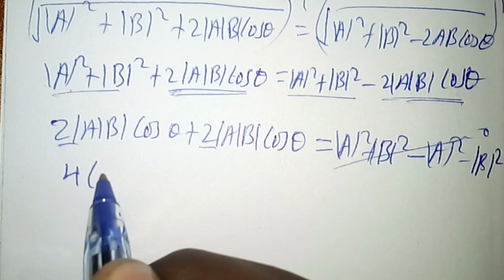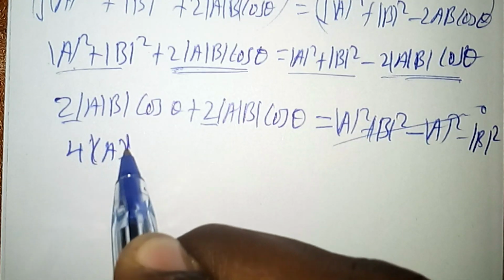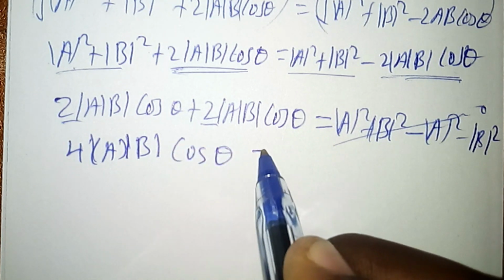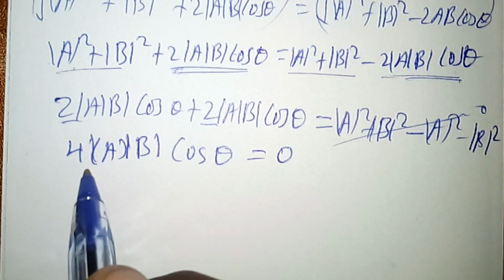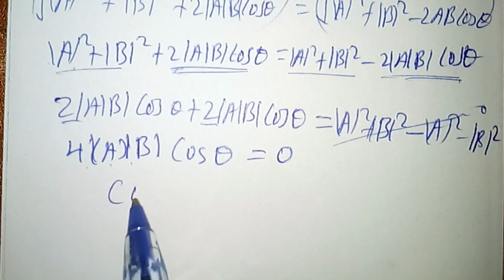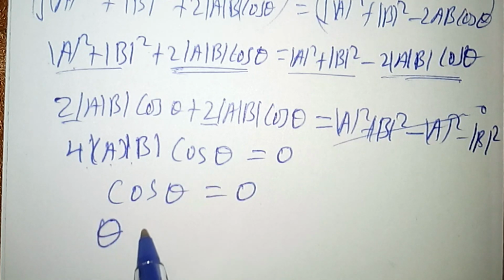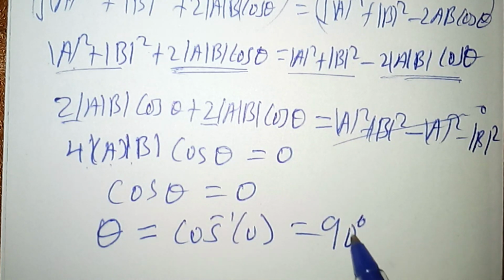I have 4 times the magnitude of a times the magnitude of b cos theta is equal to 0. Then if I divide both sides by 4 times the magnitude of a and the magnitude of b, cos theta is still 0. Then theta becomes the cos inverse of 0, which is 90 degrees or pi over 2.